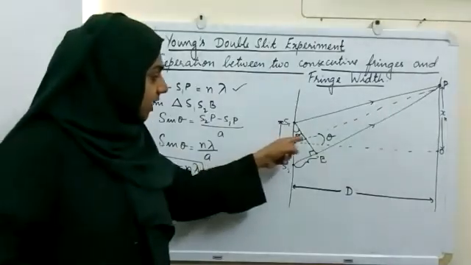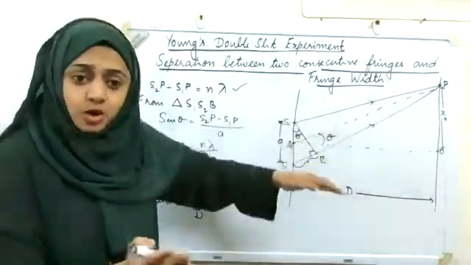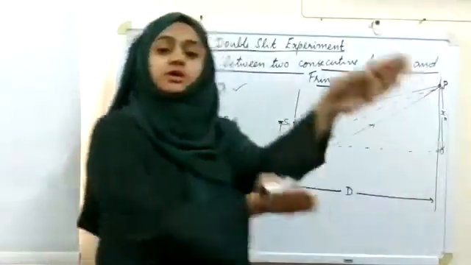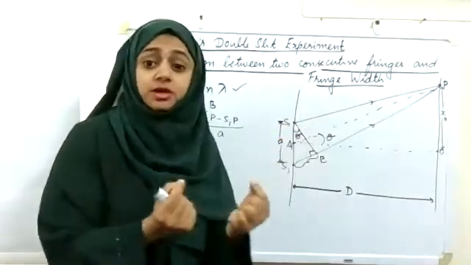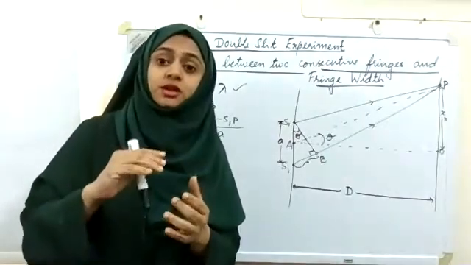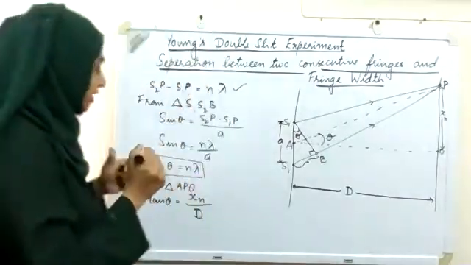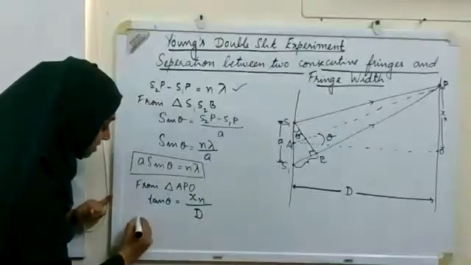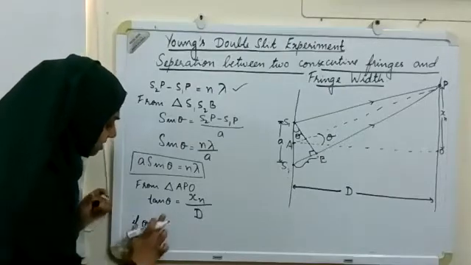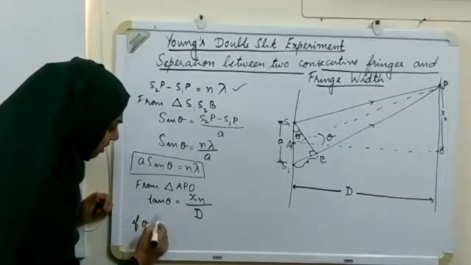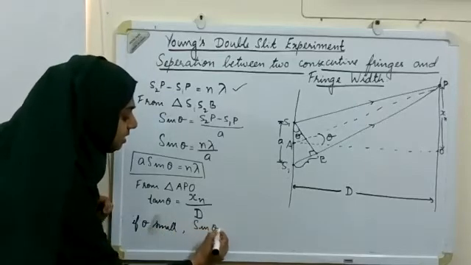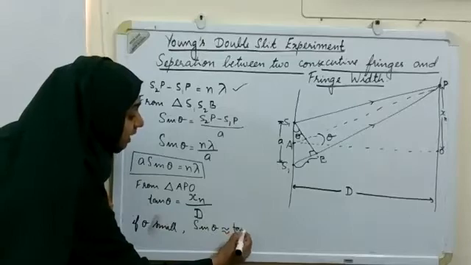Now this theta angle will be very small because this distance A is very small compared to D. So the angle will be very small, nearly equal to 0. When theta is very small, we can assume that sine theta is approximately equal to tan theta.